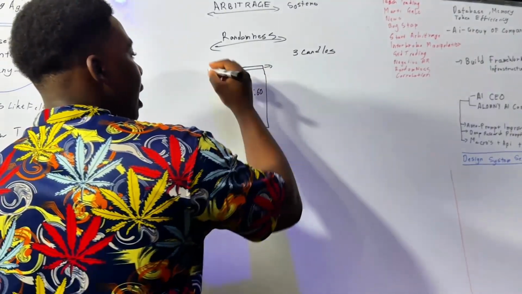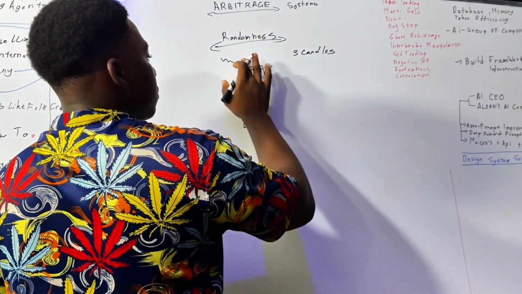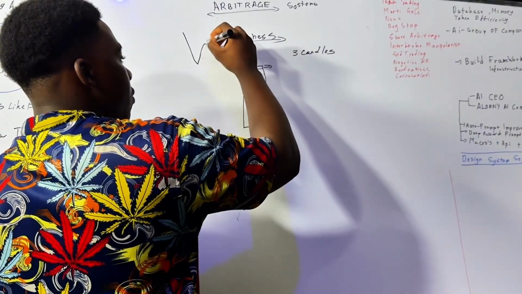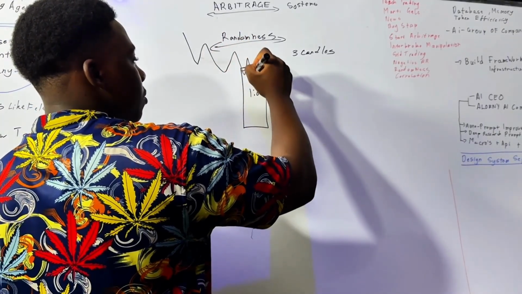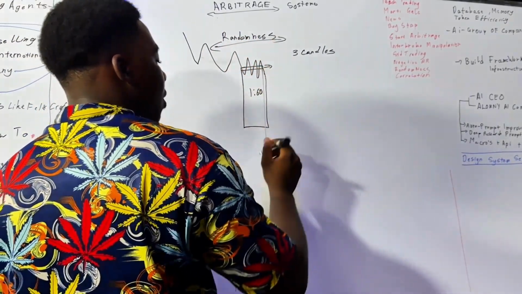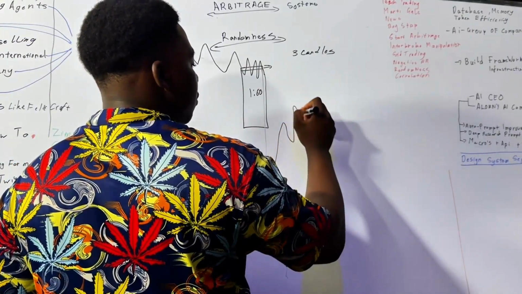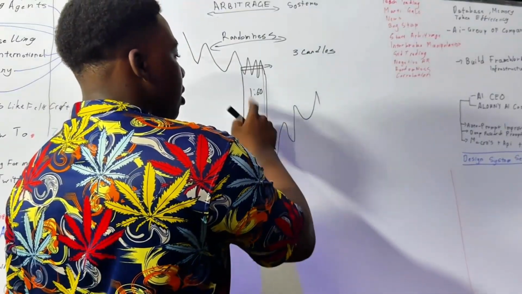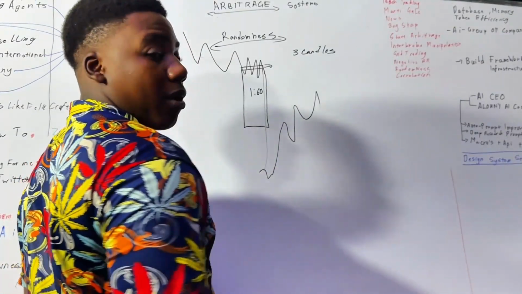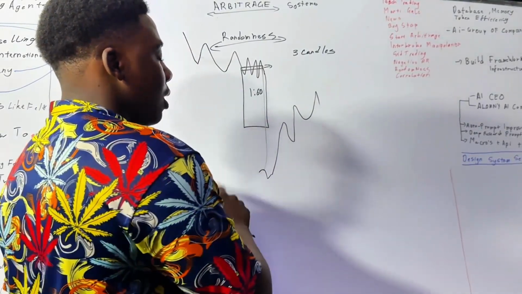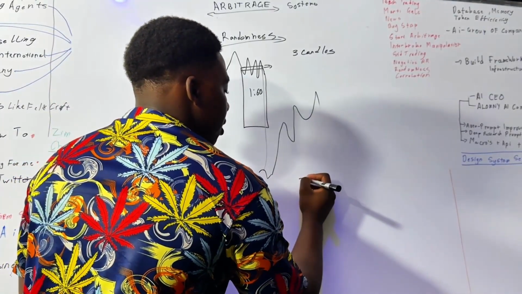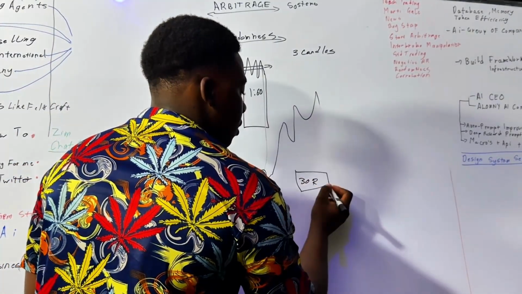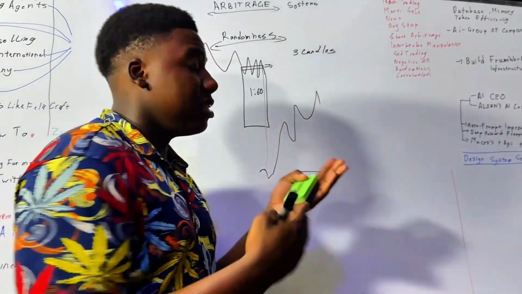Basically, you're going to have the market moving, okay? Since these are big candles, the market will be moving, stop loss, moving, stop loss, moving, stop loss. But one time it's going to hit TP, moving, stop losses, hit TP. Basically, you're going to take 30 stop losses and 1 take profit. After 30 stop losses, 1 take profit, that means that you made 30R after a sample size of maybe 60 trades.